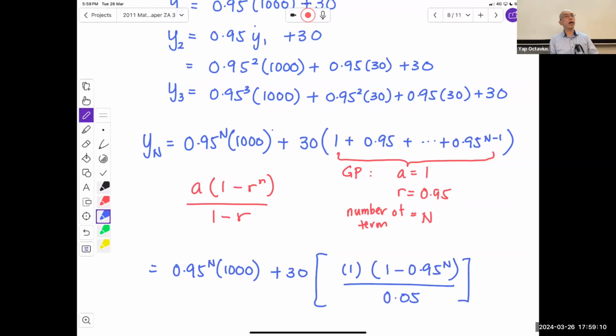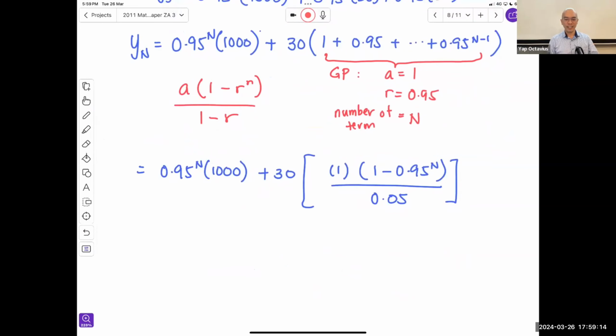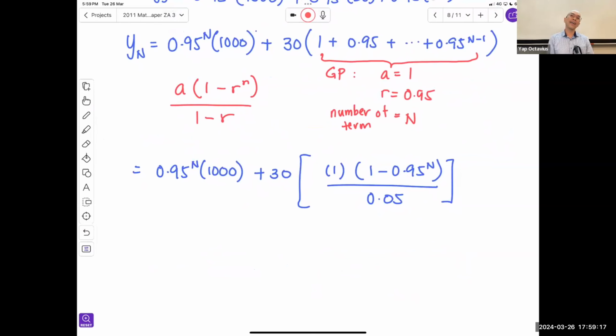No calculator, so simplify. What is 1 divided by 0.05? Last time in primary school, you're very good at this.